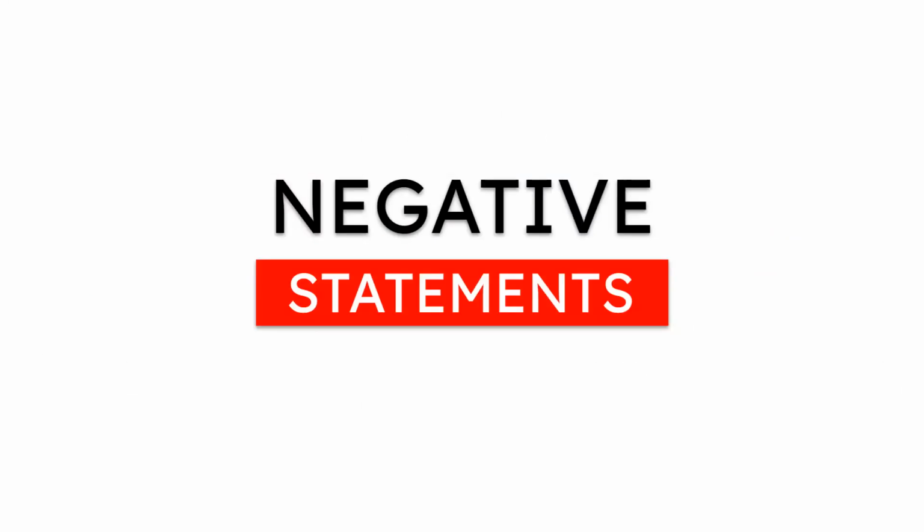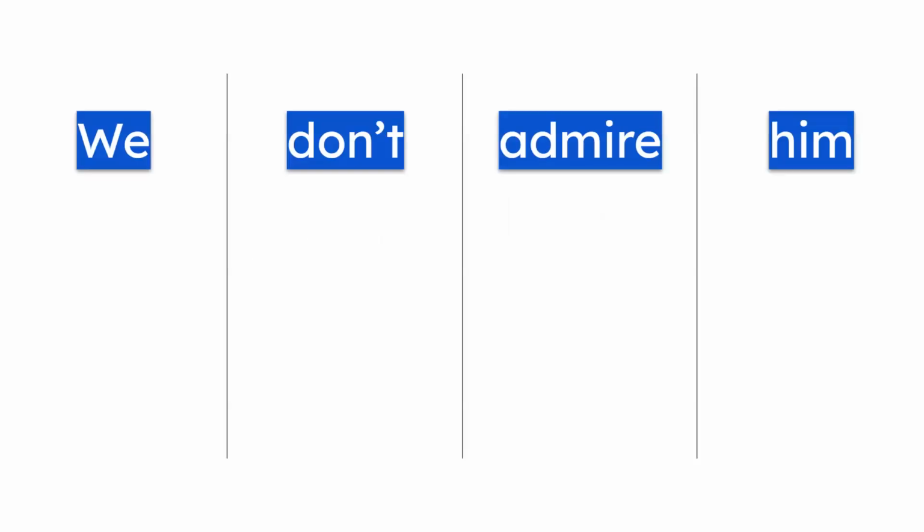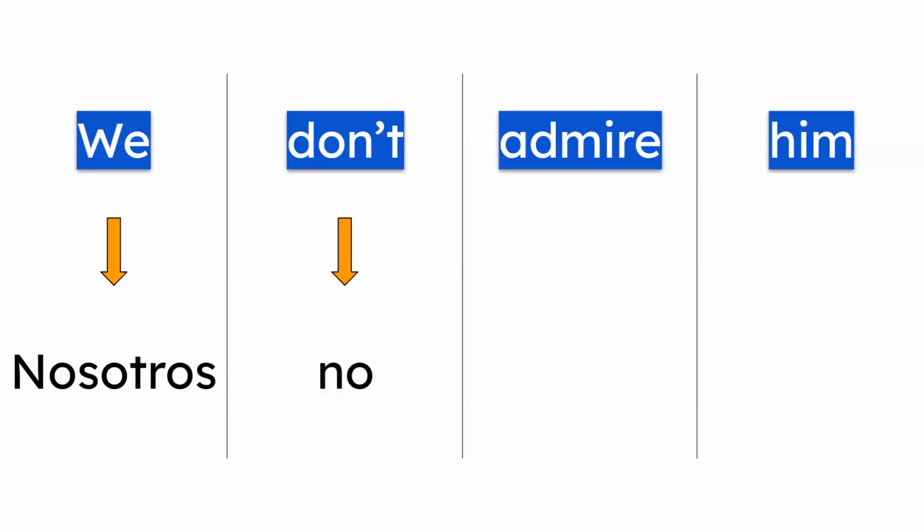Okay, let's move on to the next type of sentences. Now we are learning negative statements. So statements that include no or never. The first one is we don't admire him. We don't believe he's a big deal, so we don't admire him. So we is nosotros, don't is just no. And what comes next?